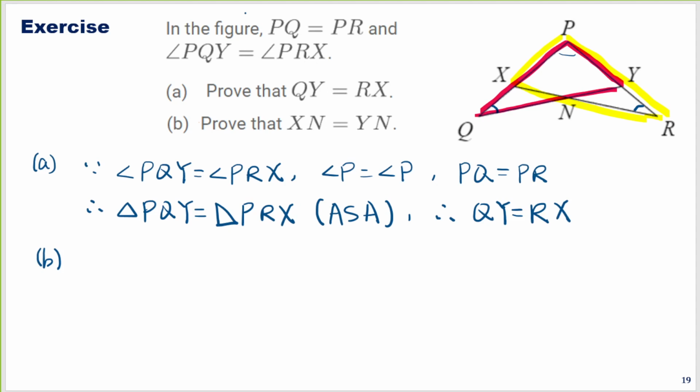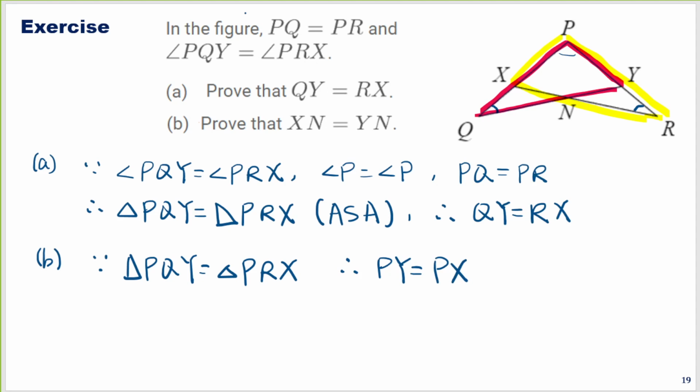Then consider the second question. Prove XN equals YN. So we can start from the conclusion of the previous question. Triangle PQY is congruent to triangle PRX. Therefore, we have PY equals PX.